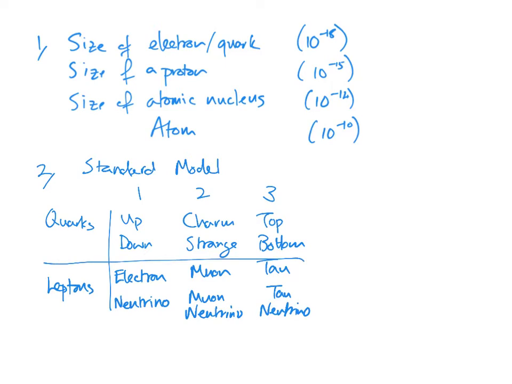And then the last part of the standard model, right, is the force carriers. Okay, which consists of the photon, gluon, and the Z and W bosons.